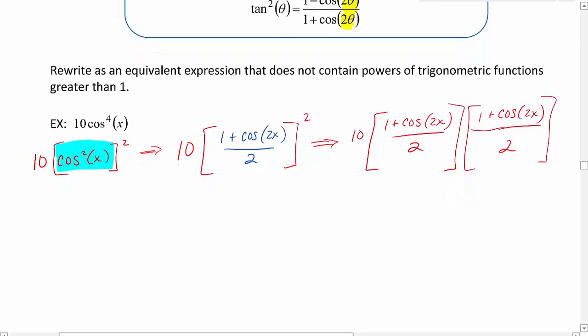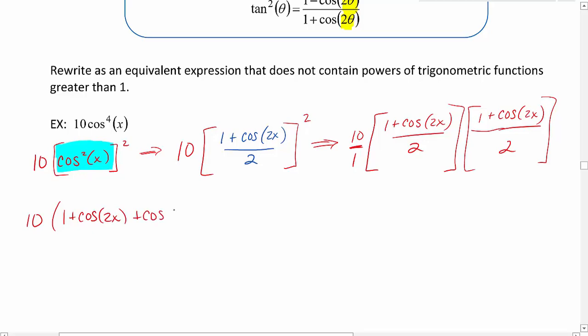Our 10's still hanging out in front, and that's 10 over 1. So if we're looking at all these fractions, that 10's going to be in the numerator of our answer. And I'm going to FOIL my numerator: 1 plus cosine of 2x plus another cosine of 2x plus cosine squared of 2x. And then in the bottom, that's just 4.